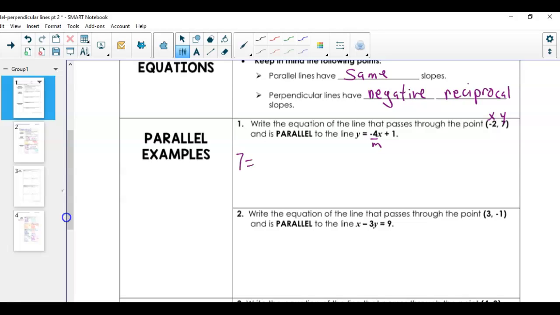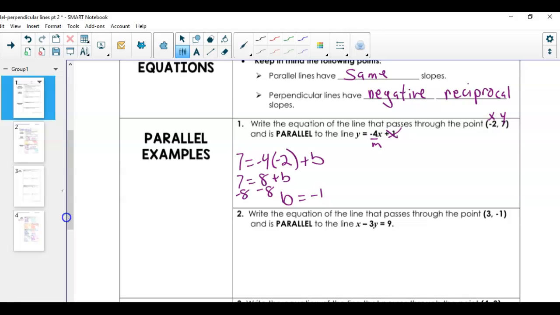So here, y is 7, our slope is -4, our x is -2, and then we are no longer using that 1, we are trying to find a new y-intercept. So now we can find this y-intercept. This would be positive 8 plus b. I would subtract 8 on both sides, so b equals -1.